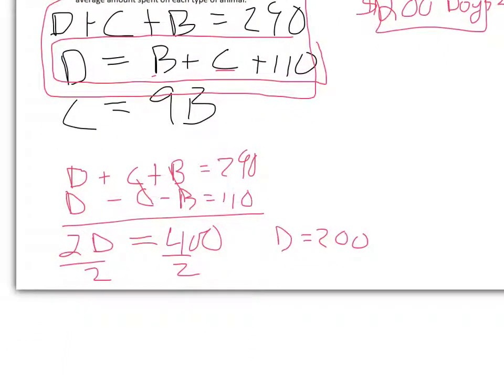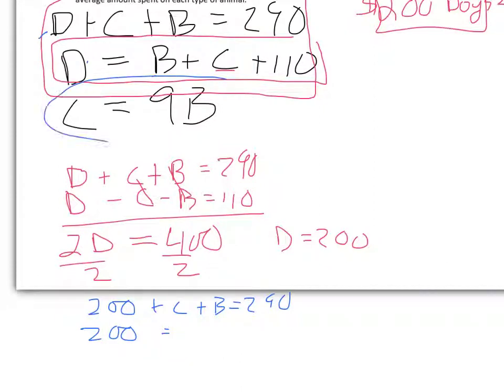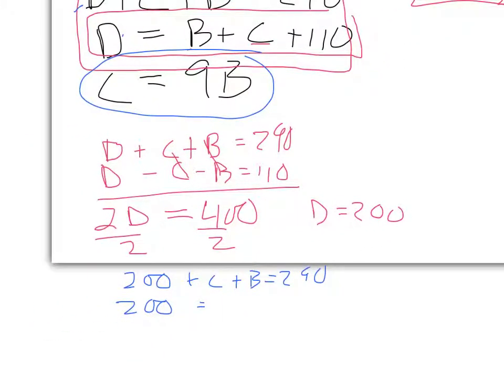So plugging 200 in for dogs, in the first equation we get 200 plus C plus B equals 290. Actually, I'm not going to plug it into the second equation. This third equation is being neglected, and it's going to be really easy to use this.